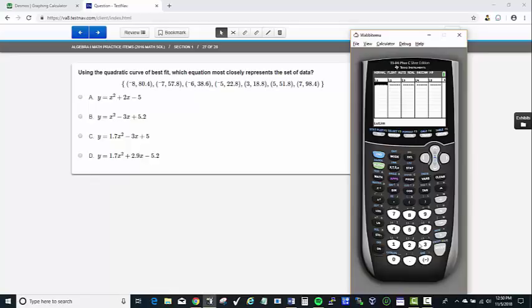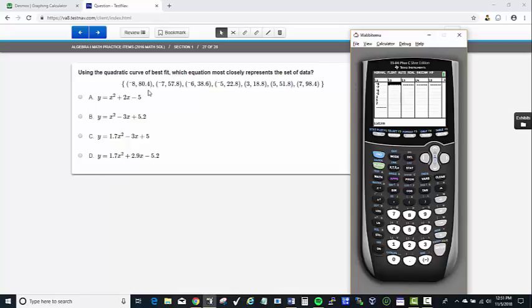So I have -8, enter, -7, enter, -6, enter, 5, enter, 3, enter, 5, enter, 7, enter. You should notice that they're making a circle here, half a circle.